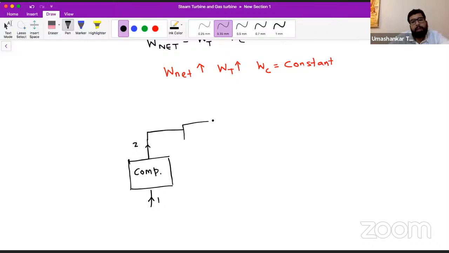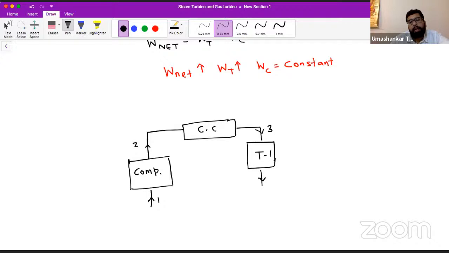After this compression, it goes to the combustion chamber as usual. Then we are expanding it in 2 stages of turbine. So let's say we have turbine 1. The entry to turbine 1 is at 3.